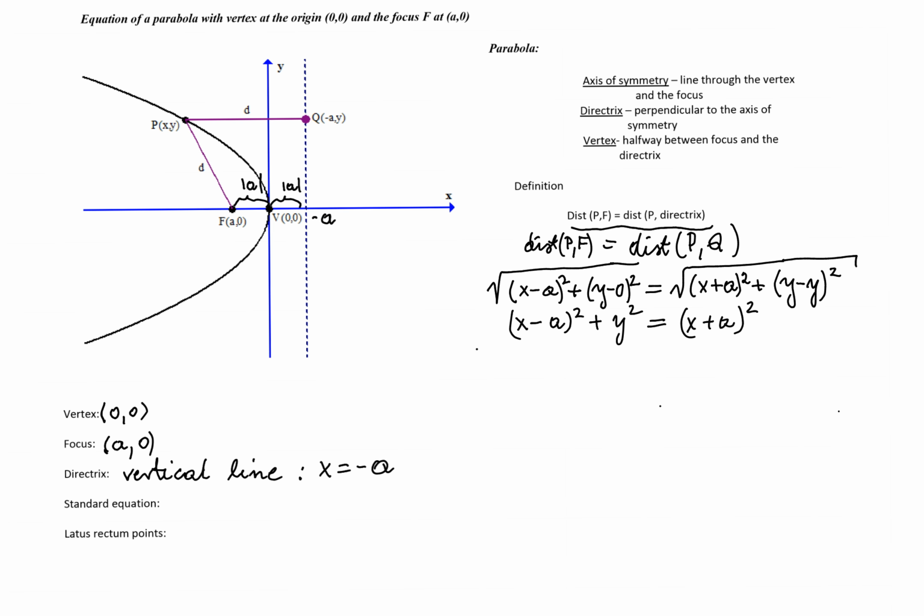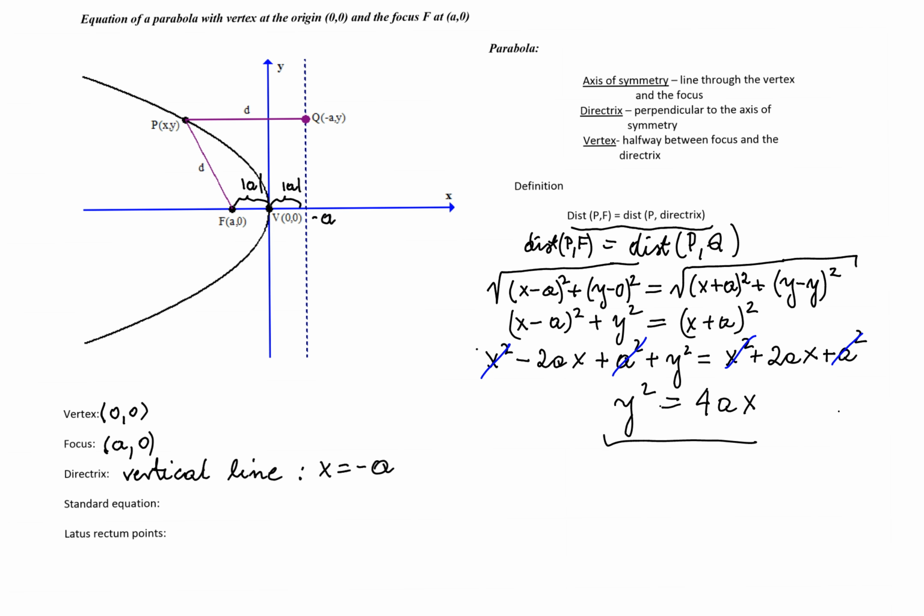Now removing the parentheses gives x squared minus 2ax plus a squared plus y squared is equal, on the other side, to x squared plus 2ax plus a squared. Subtracting x squared and a squared from both sides and bringing the ax term to the right, we get the equation y squared equals 4ax.